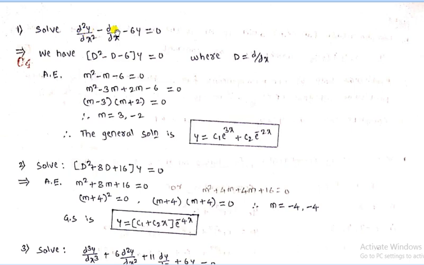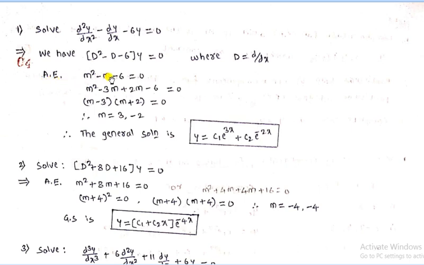So D square minus D minus 6 into y is equal to 0. Then again put D as m, or D is replaced by m. So the equation becomes m square minus m minus 6 equal to 0. This equation is called the auxiliary equation.